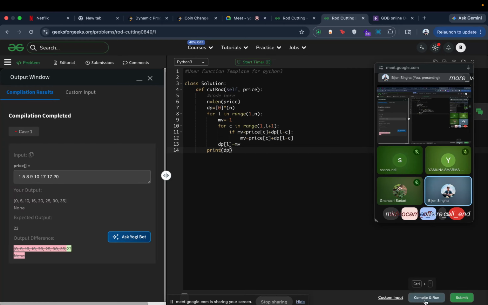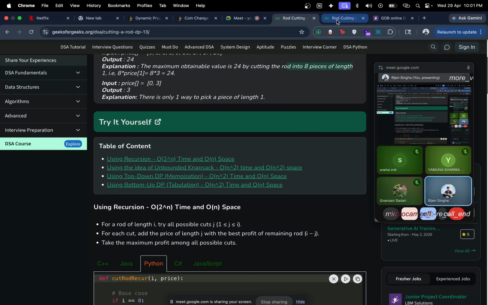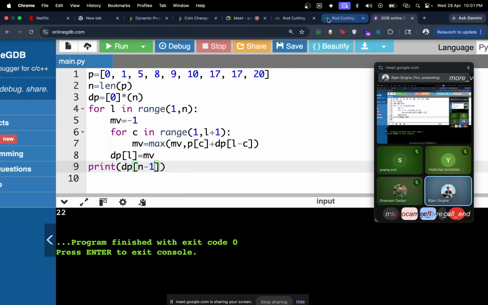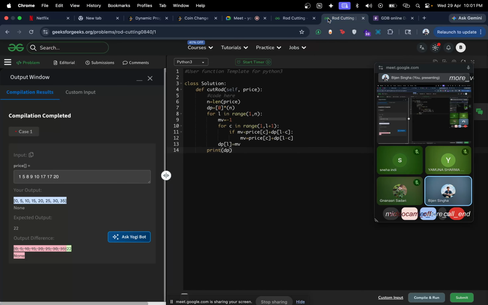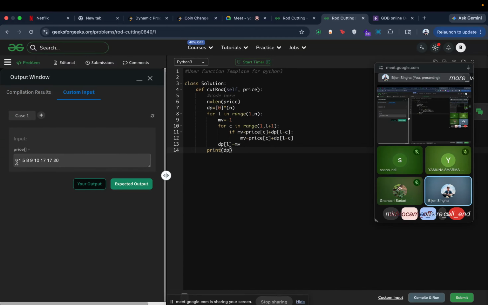My output is this. How come this is my output? This should be the output, right? I'm making a mistake here. One, two, three, four, five, six, seven, 8. 1, 2, 3, 4, 5, 6, 7, 8, 9.